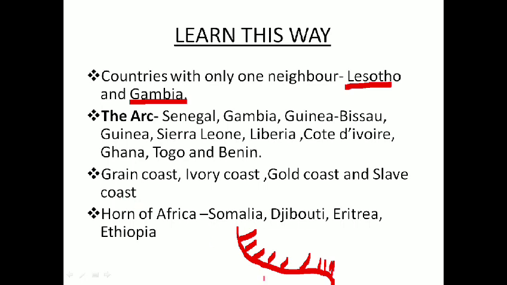That we also have here. Okay, these coasts are located here. Next is the Horn of Africa. What exactly is the Horn of Africa? The set of countries Somalia, Djibouti, Eritrea, and Ethiopia are combinedly called the Horn of Africa region.